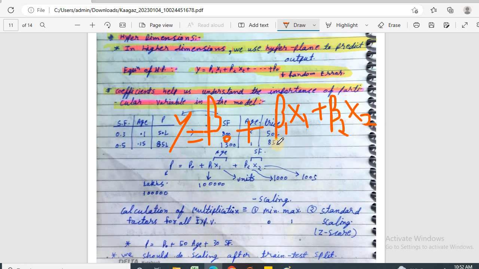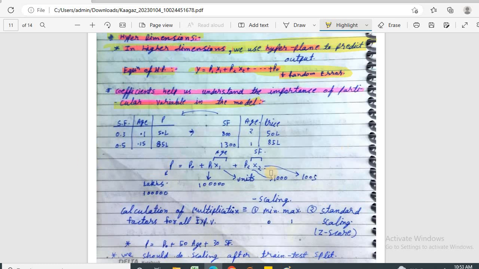For example, the value of beta 1 comes as 0.2 and the value of beta 2 comes as 0.7. It means that x2 is more important than x1. So coefficients help us understand the importance of a particular variable in the model.